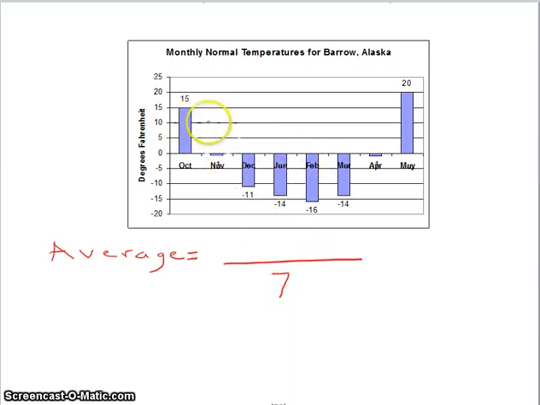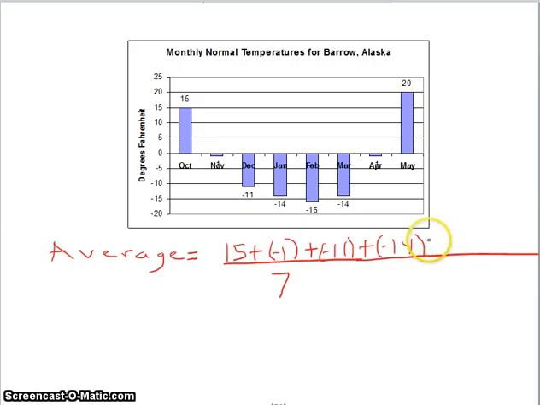Now the numbers we need to add, we will have 15 plus November is -1 plus December is -11 plus, extend this line here, we went from October, November, December, now January. We have -14.